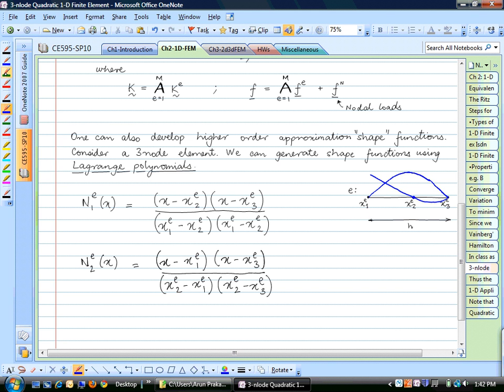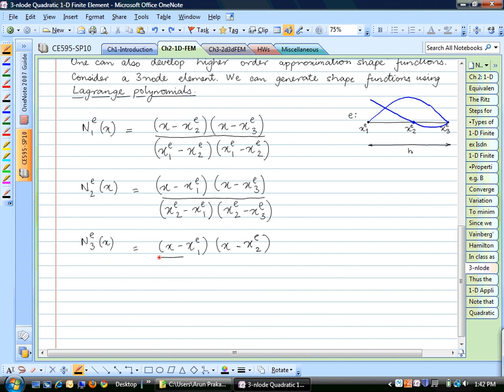And finally, we have the shape function 3. Just according to the same concept, x minus xe1, it should go to 0 here, and x minus xe2, it should go to 0 here. The whole thing divided by (xe3 minus xe1) and (x element node 3 minus x element node 2).